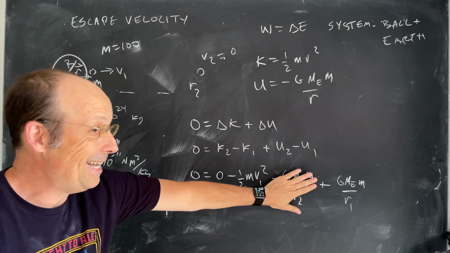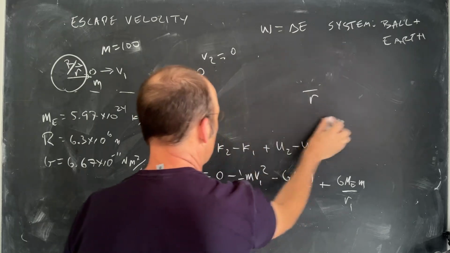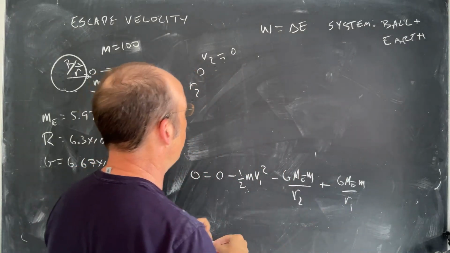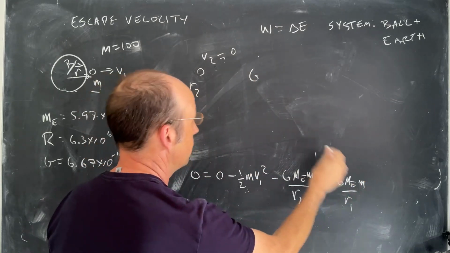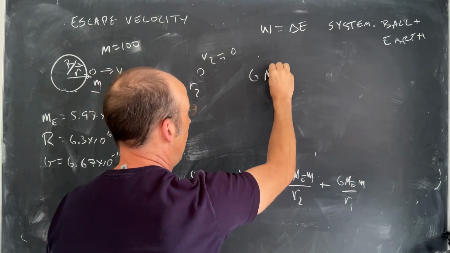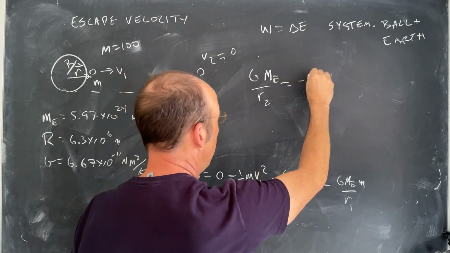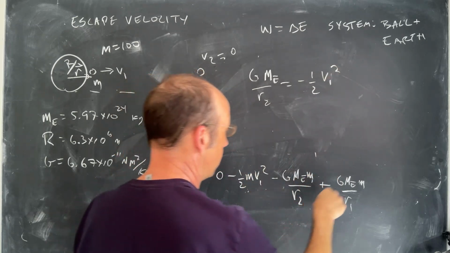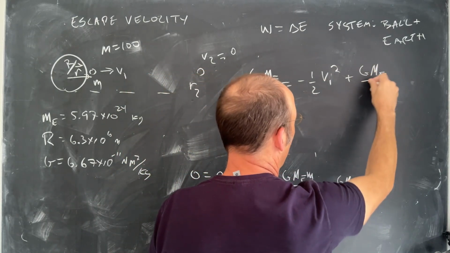So I'm going to take this term and add it to both sides. It's just running out of room here. So if I add this to both sides, first of all, the mass cancels. So I get G mass of the Earth over r2 is negative 1/2 v1 squared, the mass canceled, plus G mass of the Earth over r1.